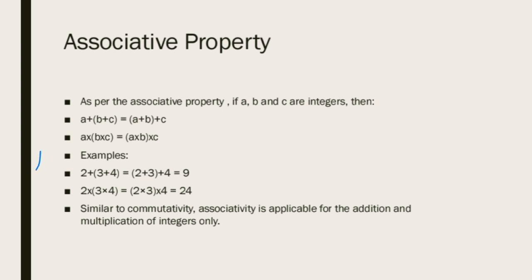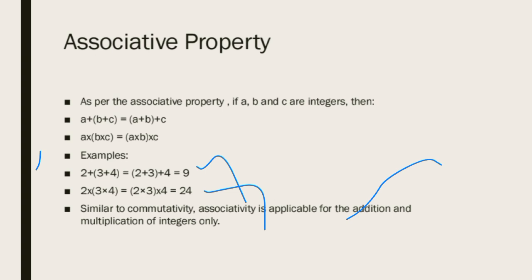Examples, 2 plus bracket 3 plus 4 is equal to bracket 2 plus 3 close bracket plus 4, which is 9. LHS is equal to RHS. 2 into bracket 3 into 4 is equal to bracket 2 into 3 close bracket into 4. We get 24. Similar to commutative, associative is applicable for addition and multiplication of integers only.